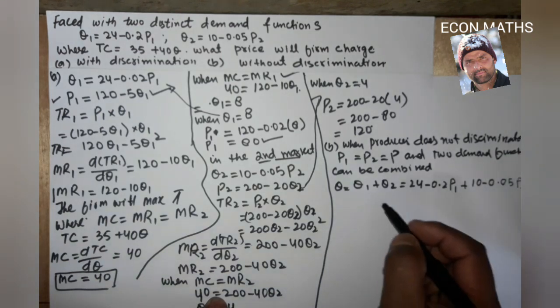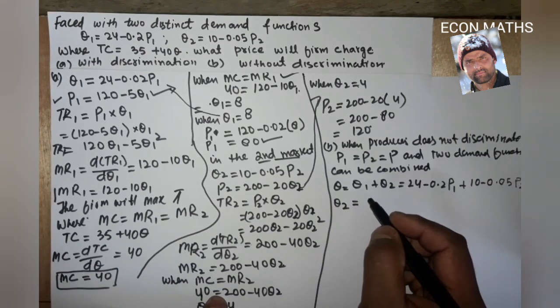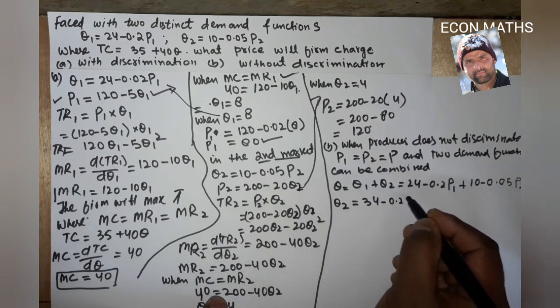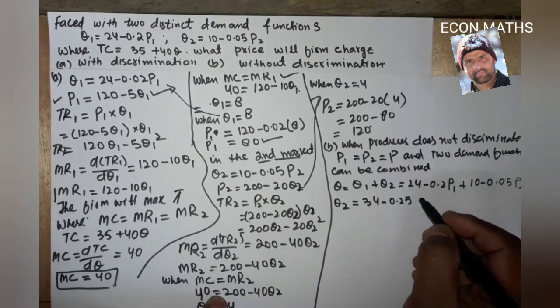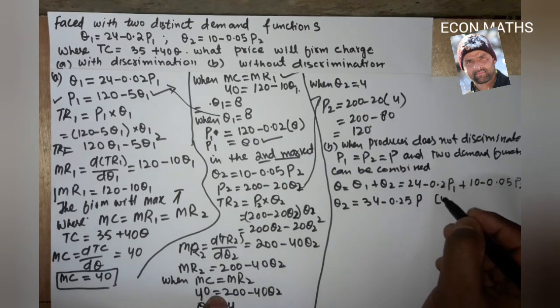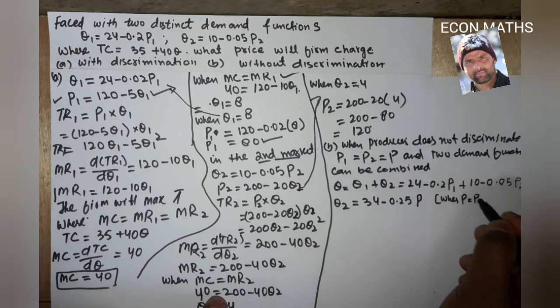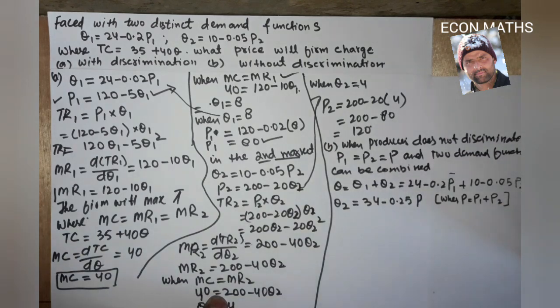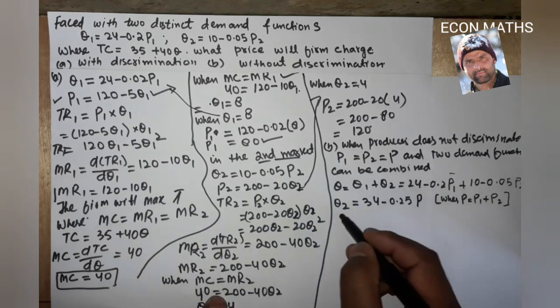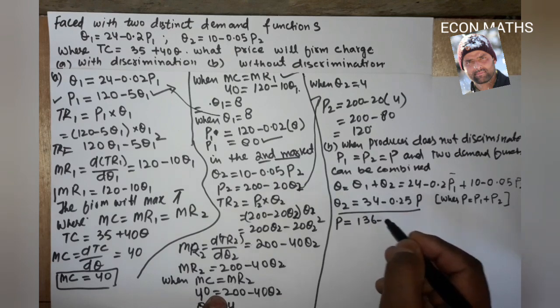Now this will imply Q is equal to 34 minus 0.25 P, where P1 and P2 are assumed to be the same because P1 is equal to P2 is equal to P. Now solving this for P will give us 136 minus 4Q.